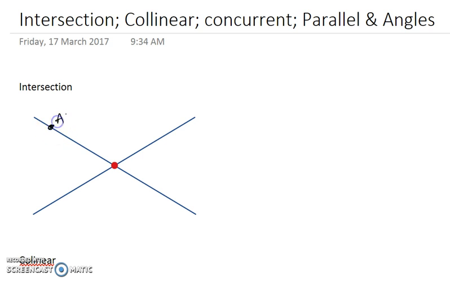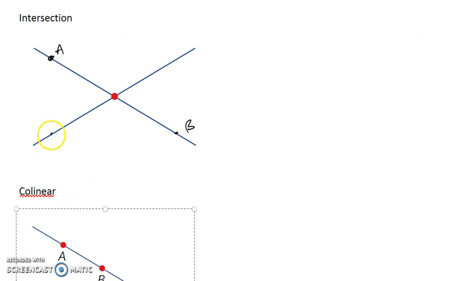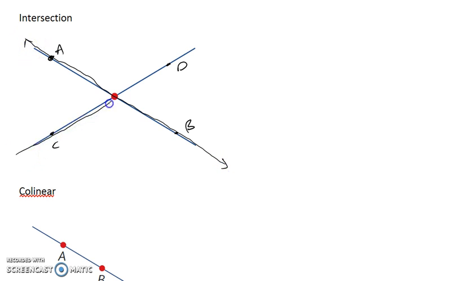So this might be A, and this might be B. And then this might be C, and this might be D. That means the line AB, which goes through the points A and B and extends forever, and the line CD, which goes through the points C and D and extends forever, they intersect at some common point.